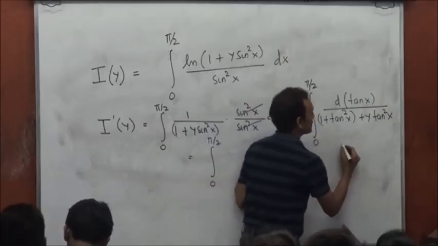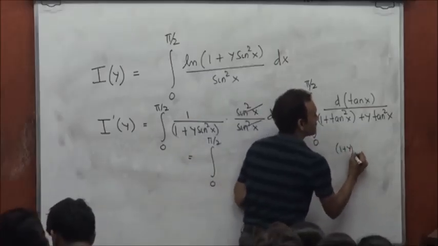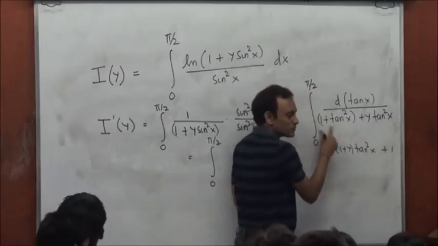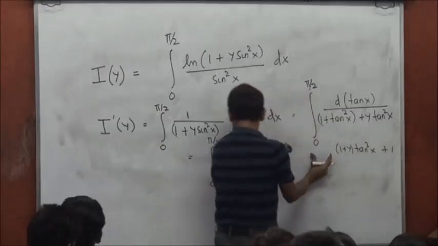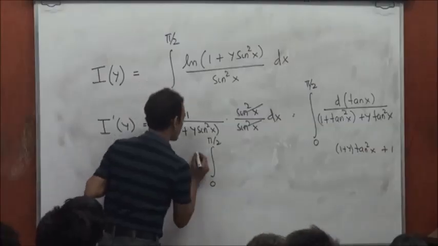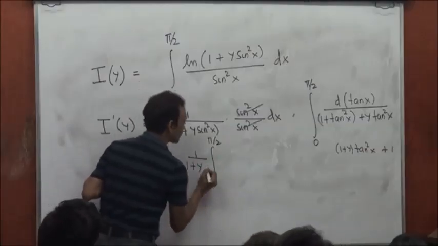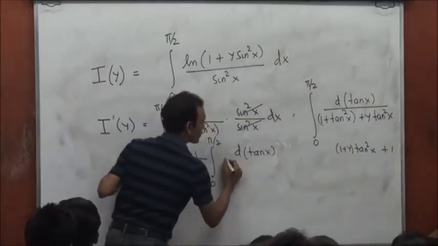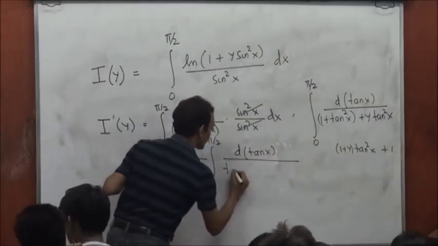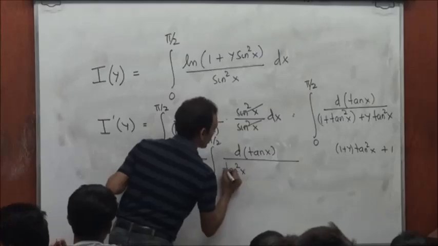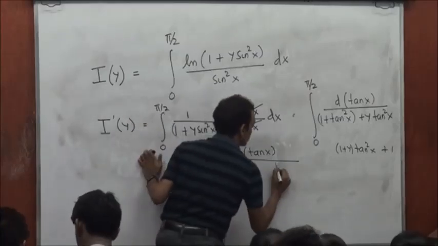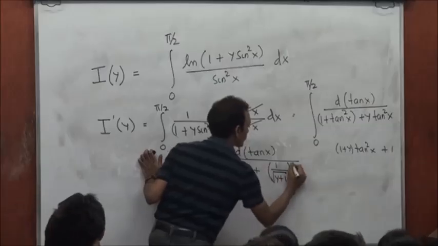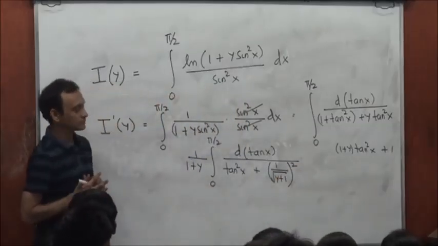See, this I could write as 1 plus y tan squared x plus 1, and I can take 1 plus y common from this. Yes or no? I could do this.